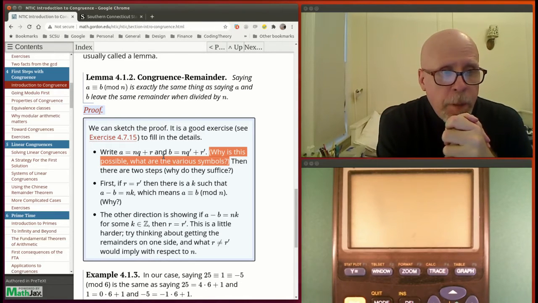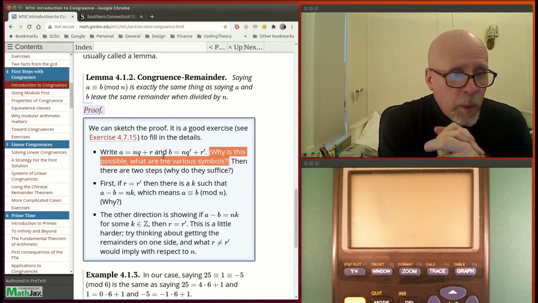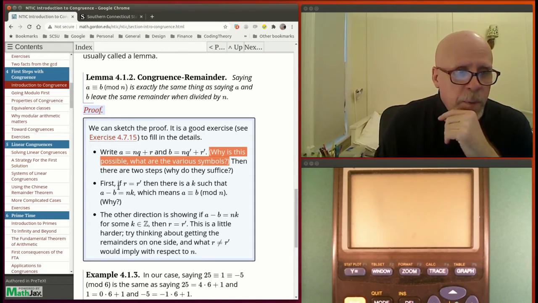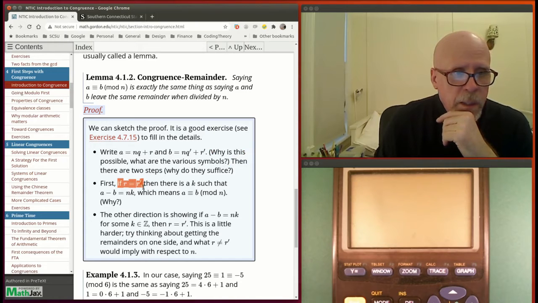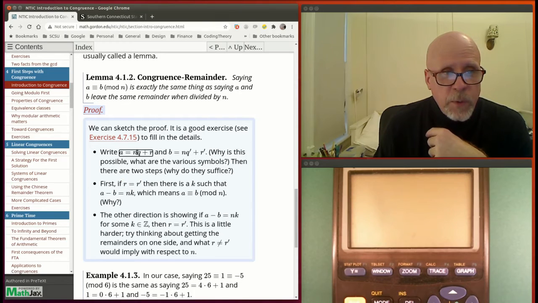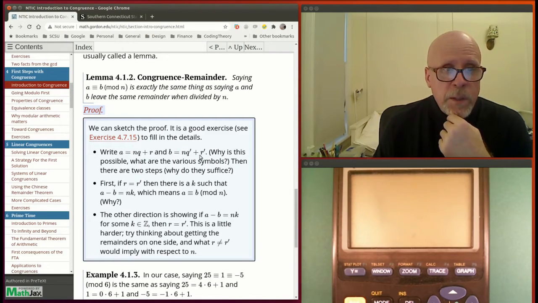All right, so if r and r prime are equal to each other, wow, that seems like they jumped a little bit, doesn't it? First, if r equals r prime, let me highlight that, then there is a k such that a minus b equals nk. I'm not seeing that right away, but if you look at these two forms, nq plus r and nq prime plus r prime, those things actually have the same number on the end.